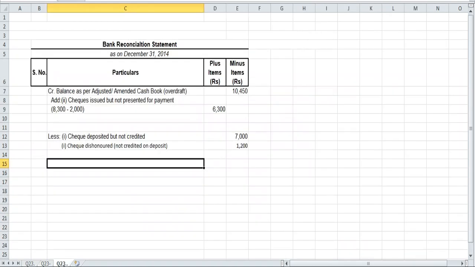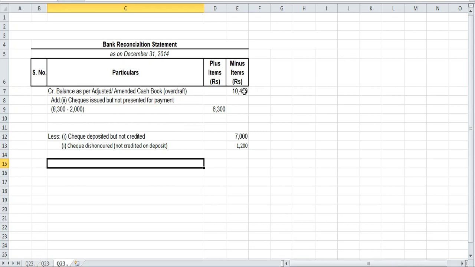In the bank reconciliation statement, what we have written? We have entered in the cash book but not in the passbook.